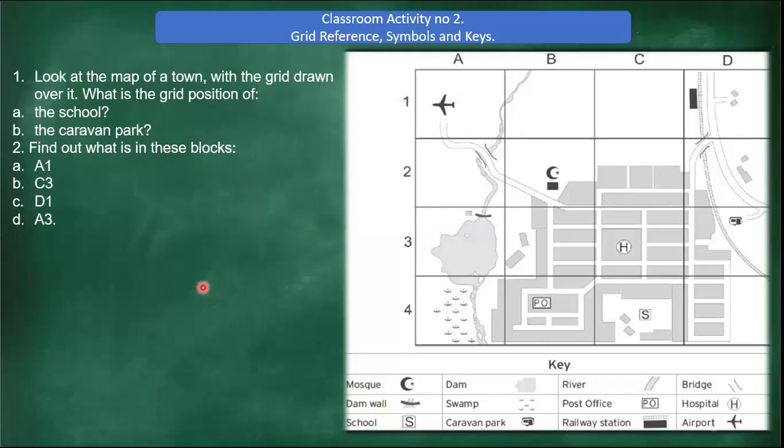We have a dam and a dam wall on that farm. A3, we have a dam. That is correct. And a dam wall. That's correct. Thank you very much. Even on the group chat, they are saying that we have a dam. People, we must also see the dam wall as well.